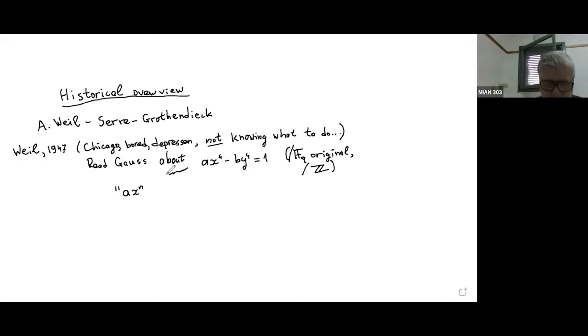So there was some generalization, a x to the n plus b y to the n plus c z to the n, considered in homogeneous coordinates.